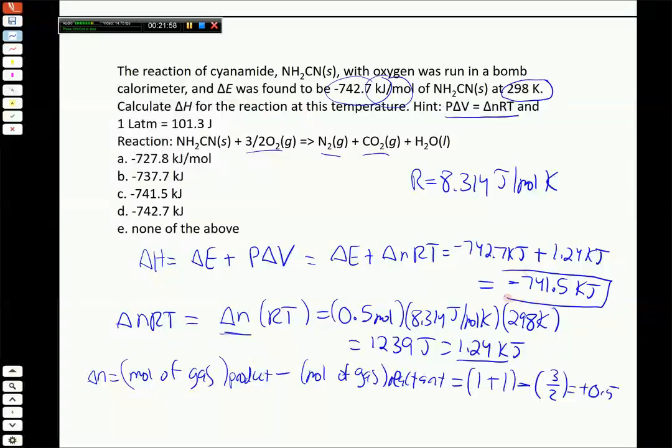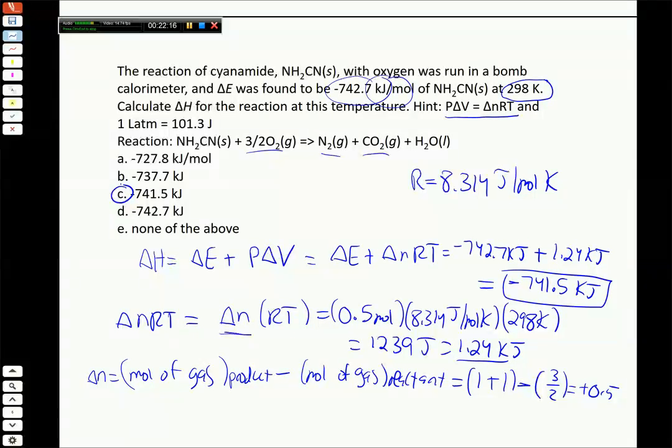And you can see that the values of delta E and delta H are not that much different in most cases, and this is an example of that. So the correct answer here is C. The delta E and delta H are a little bit different in this case, but only by 1.24 kilojoules out of a value of over 700, so it's on a percentage scale a very small difference.